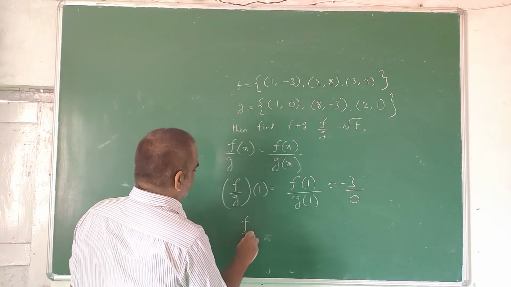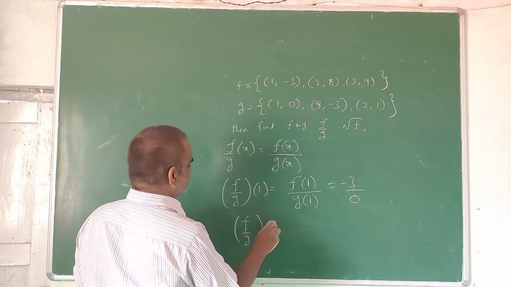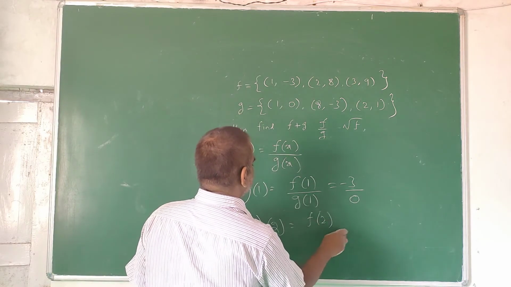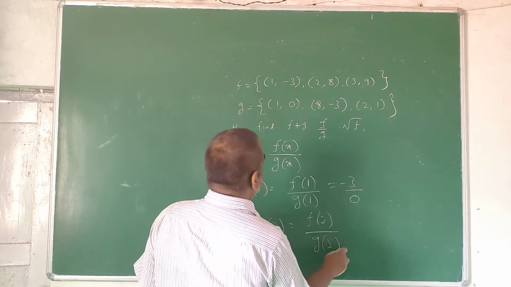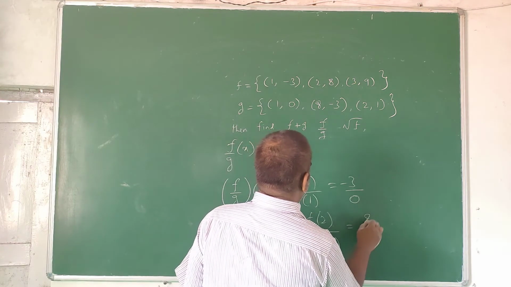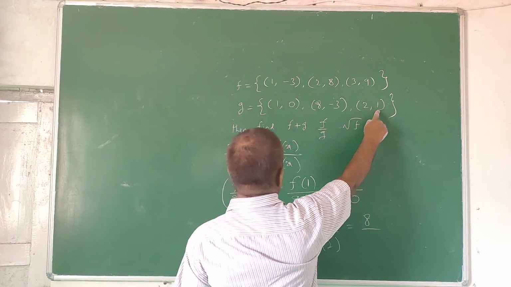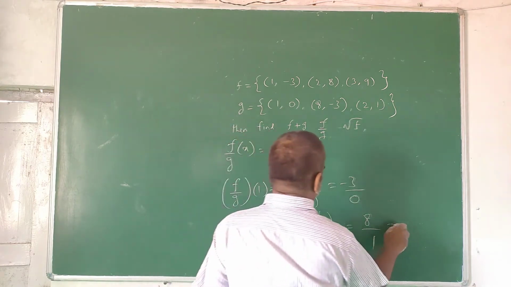Next, f by g of 2 is equal to f of 2 by g of 2, whereas f of 2 is 8 and g of 2 is 1. 8 by 1 is 8.